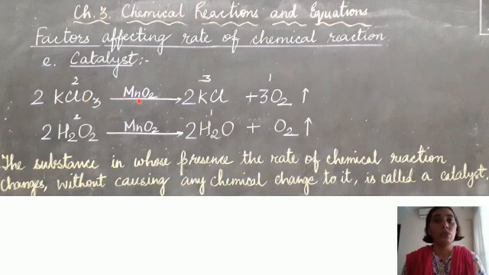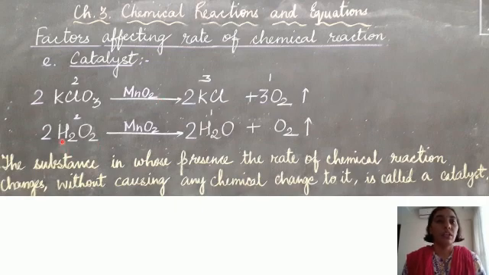But adding just a small quantity of manganese dioxide, that is MnO2, as a catalyst, very small quantity is required, and we can substantially increase the rate of chemical reaction, and the rate at which oxygen is given out. So the products are potassium chloride and oxygen gas. This evolution of oxygen gas can be very rapid with the help of manganese dioxide as a catalyst.